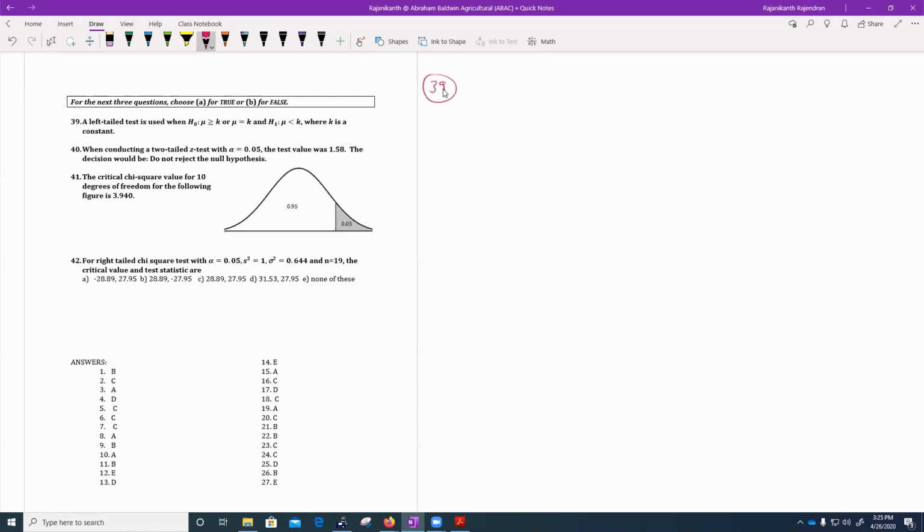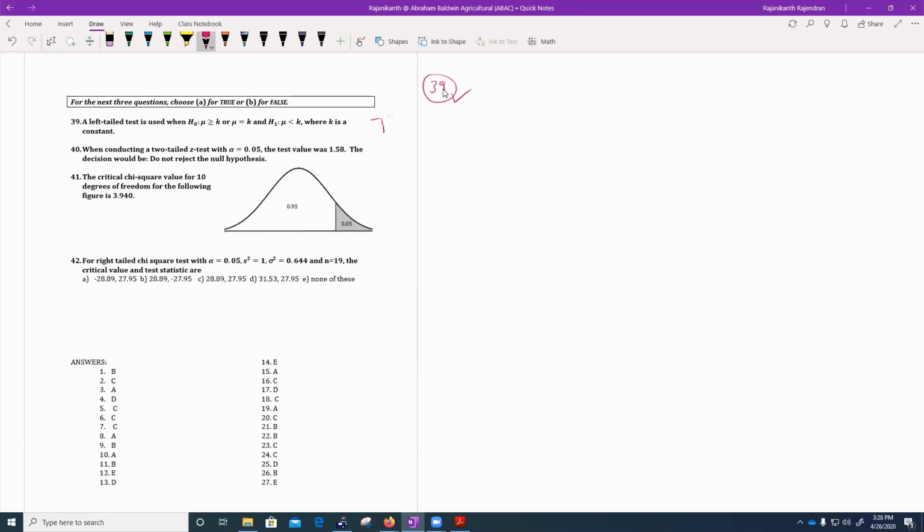So the question is now: a left tail test is used when H naught is mu bigger than or equals K, or mu equals K. If you want to use the left tail test, your null hypothesis should have a less than sign. Yes, that is correct. Your alternate hypothesis should have a less than sign. So yes, we have that. Therefore, this is the correct statement.